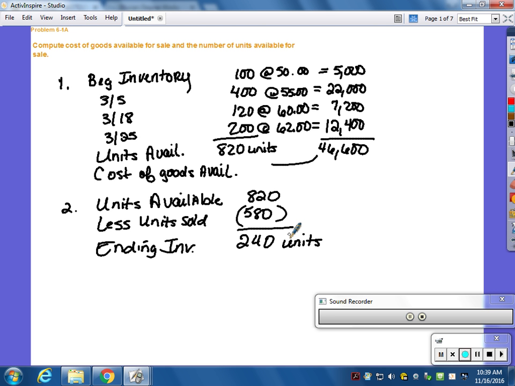Okay. The next part asks us to do the different costing methods, which the first one is FIFO, right?